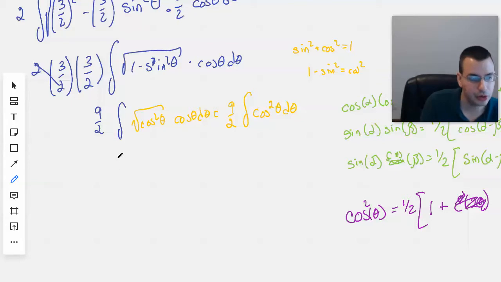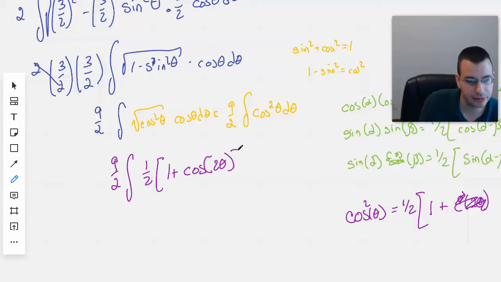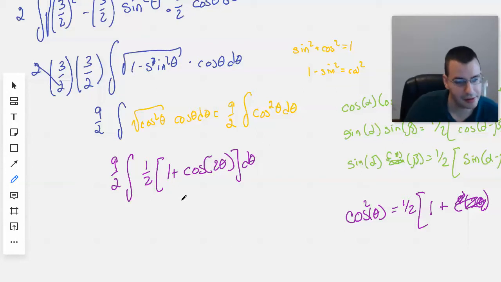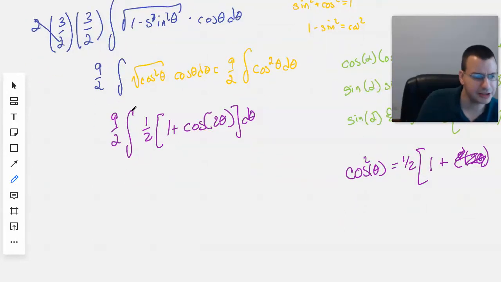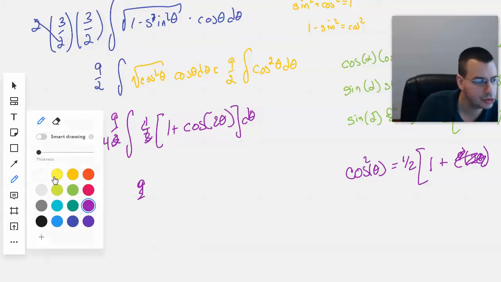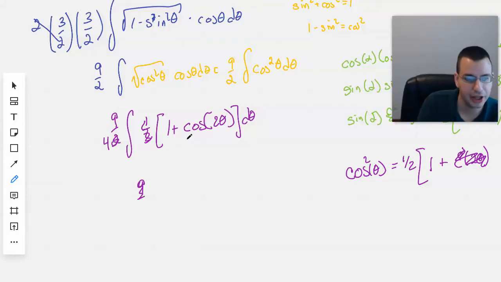So let's do 9/2 times the integral of 1/2 times 1 plus cosine of 2 theta d theta. Can we solve this? Yes, we can. Just move out the 1/2, so this will be 9 over 4. Okay, so I'm going to do a little sidebar and solve the integral of cosine of 2 theta.